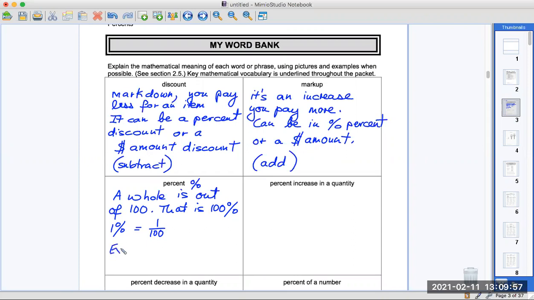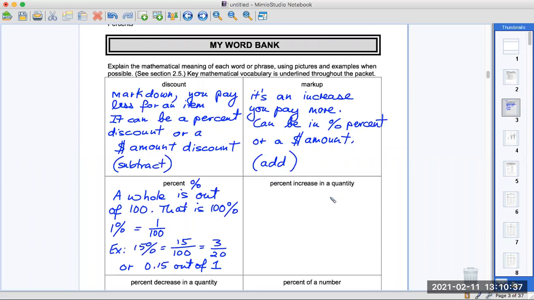Or another example, 15% means you got 15 out of the 100 parts. 15 out of the 100 is the same as 3/20. Think about it. Or we can express it as a decimal. 15% is the same as 0.15 out of 1. Okay, so these are all the representations of percent.